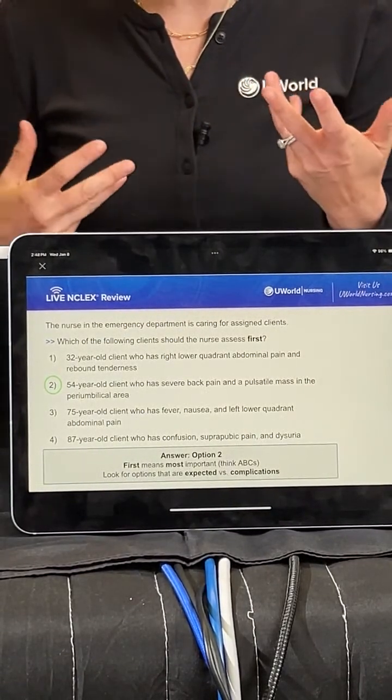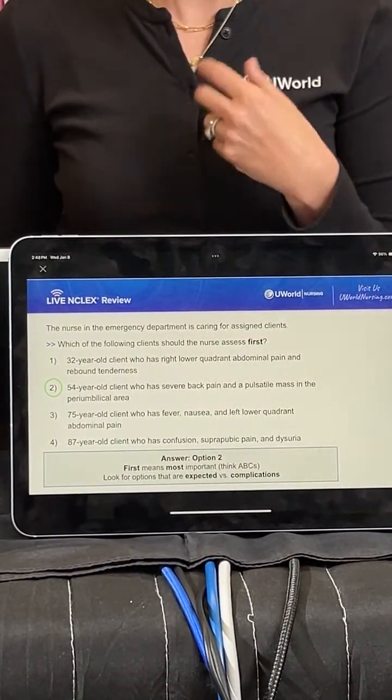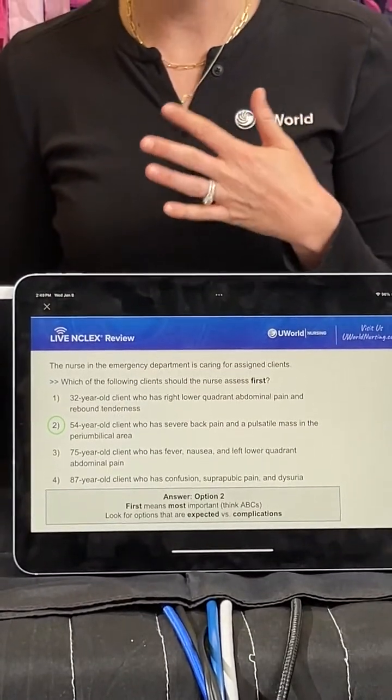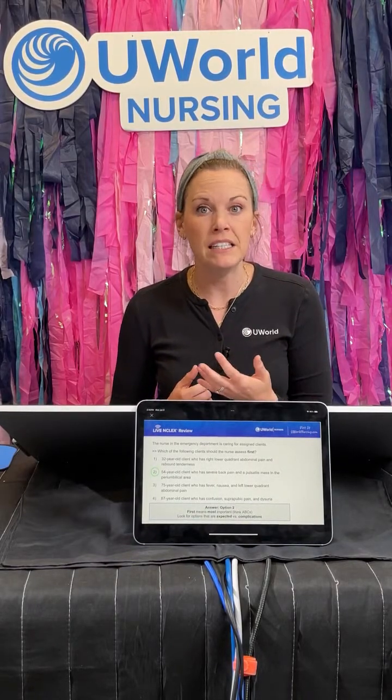We can call these AAAs. AAA dissection, which also means blood leakage into a vessel or a tear, can rupture, and it can manifest as an acute onset of abdominal pain that's going to radiate to the back, and a lot of times this can lead to hemorrhagic shock. So the client's symptoms can indicate an impending rupture.